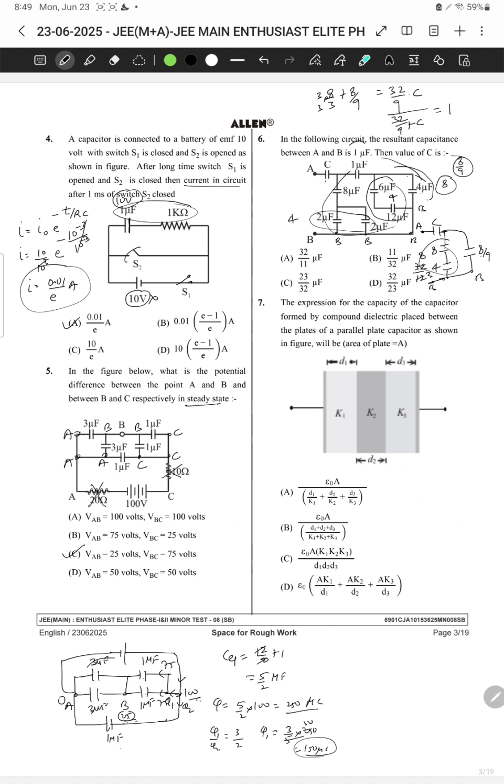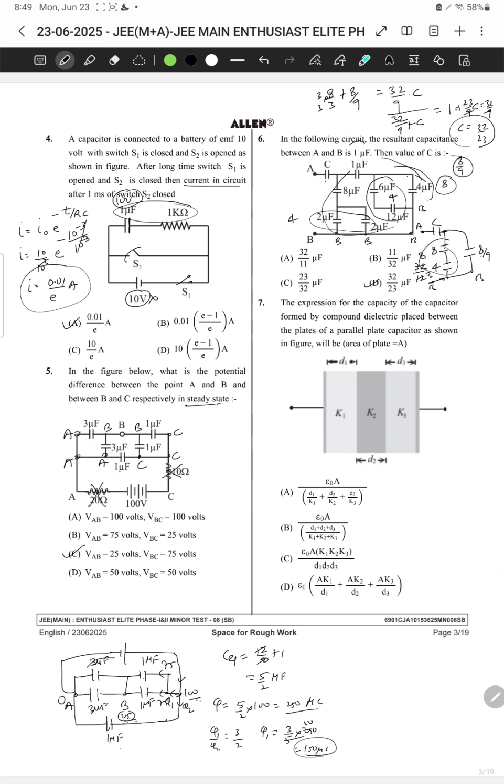So just solve it. If you cross multiply, it will be 32 by 9 minus 1, so 32 by 9 minus 9 by 9, 23 by 9. So 23 by 9 C equal to 32 by 9, which makes it C equal to 32 by 23. So option D is coming here. Option D is the answer.